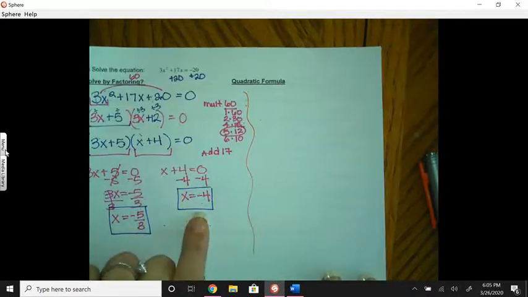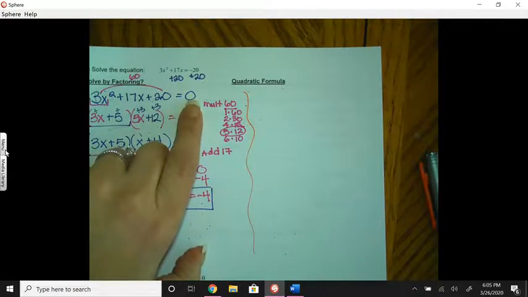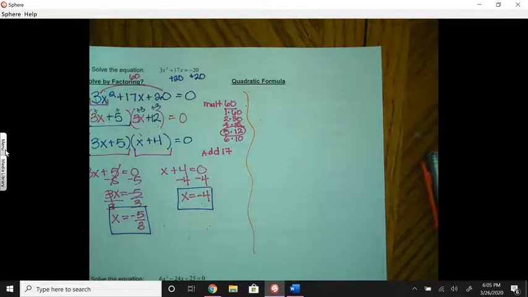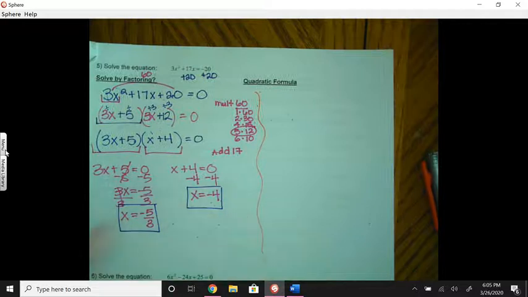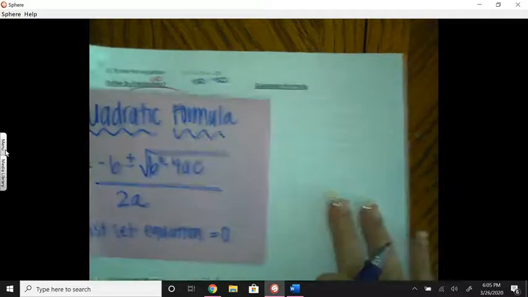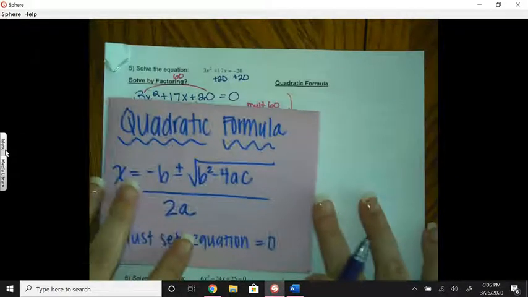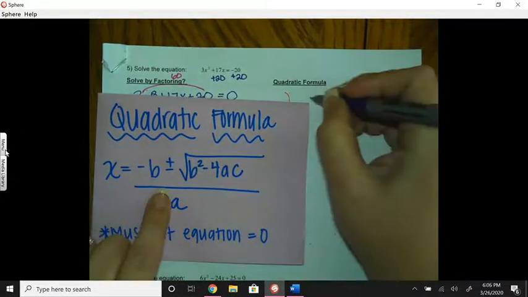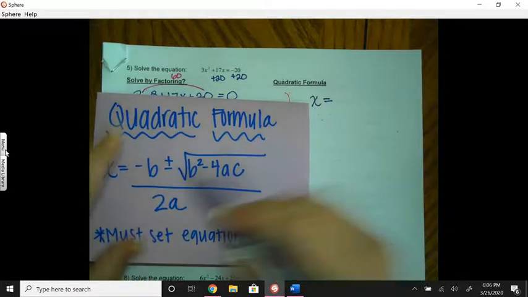So now the quadratic formula. Again, on a test or on homework, I don't care what method you use, so that would be factoring. Now the quadratic formula would require you to memorize this formula here, and it says to find x, you would need to have the equation equal to 0.